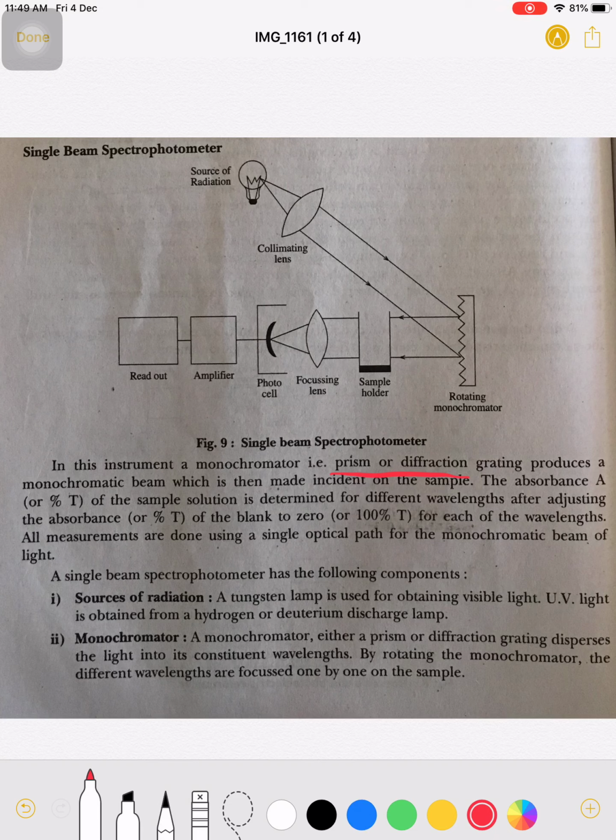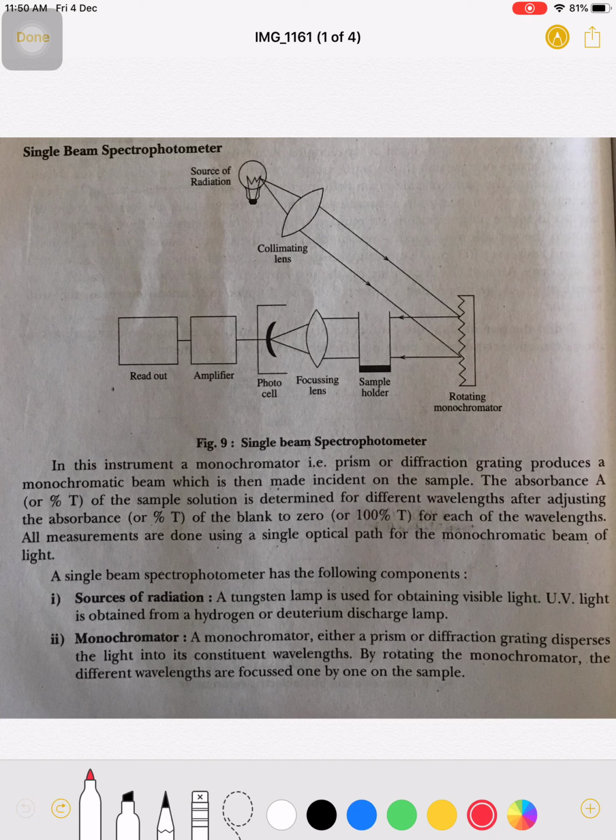The absorbance A or transmittance T of the sample solution is determined for different wavelengths after adjusting the absorbance of the blank to 0 for each of the wavelengths. So in this case we are calculating the absorbance or transmittance of the sample solution for different wavelengths by rotating this monochromator.